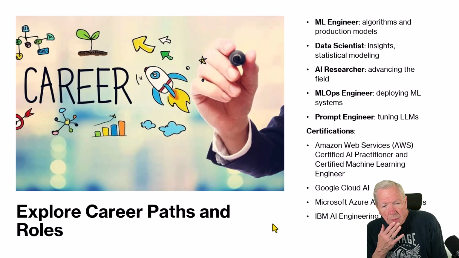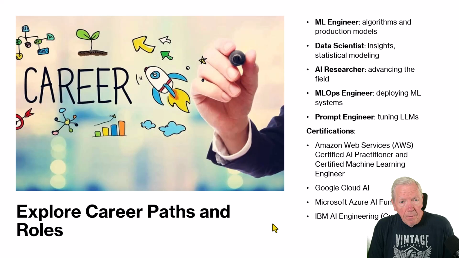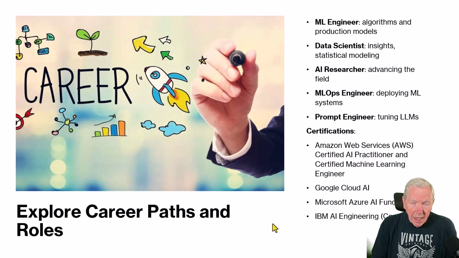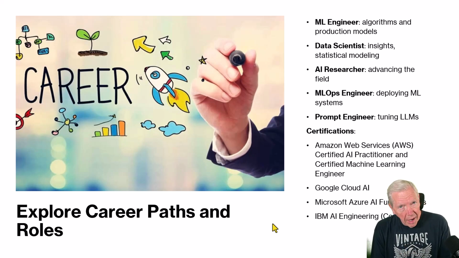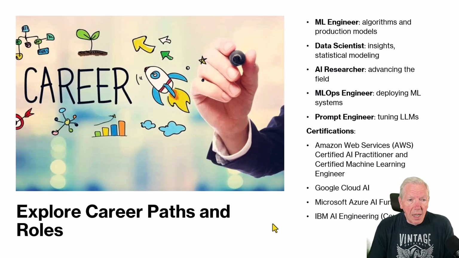Now let's talk about exploring some career paths. There are tons. There's one called an ML engineer. This person's responsible for developing and understanding algorithms and the production models, getting something going. There's a data scientist. That's a hot topic. Everybody and their dog, every university is offering, if not a major, at least a certificate or a diploma in data science.